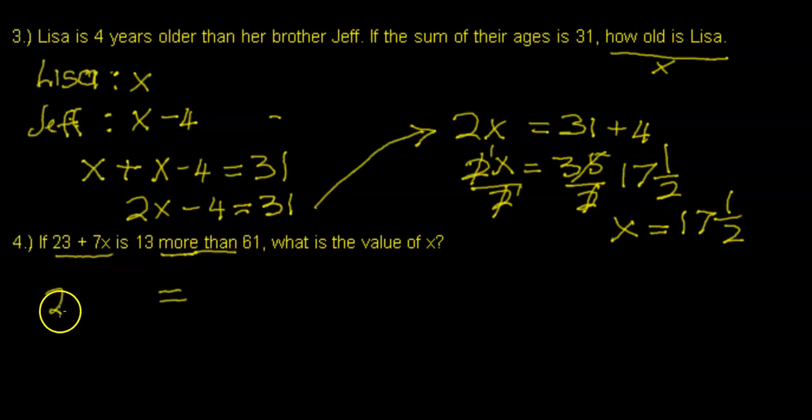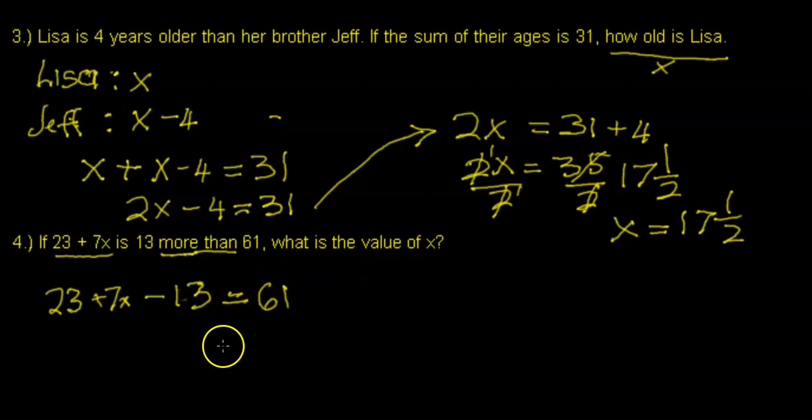So let me write it down. 23 plus 7x minus 13. So minus 13 is supposed to give us 61, right?